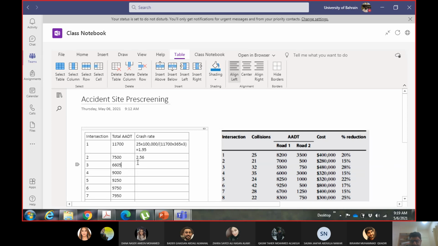Is this number correct? The volume is 6,250 and the crash rate is 4.68.